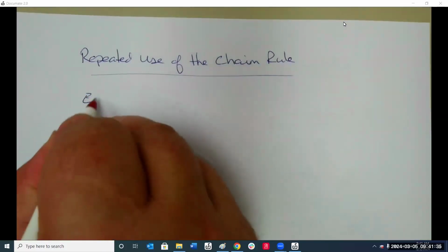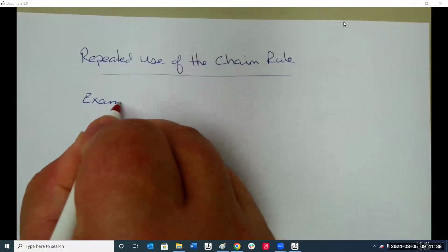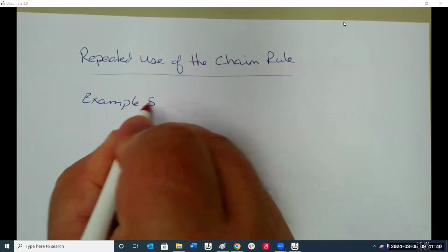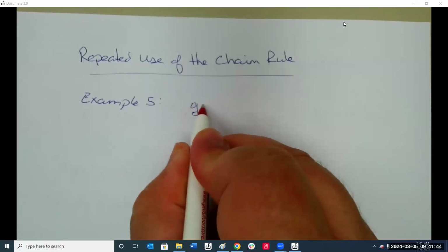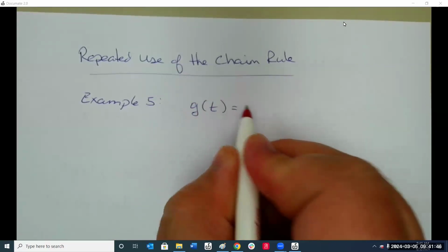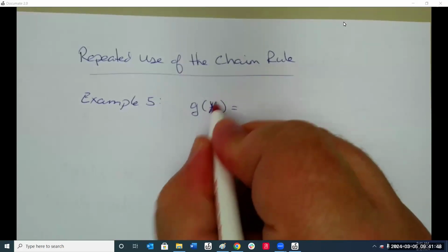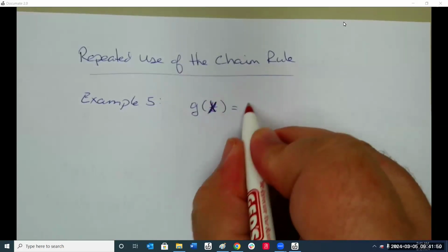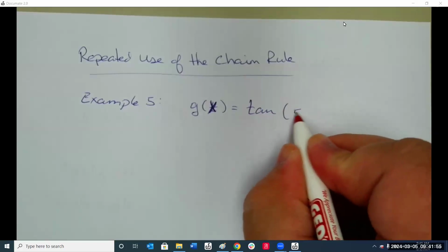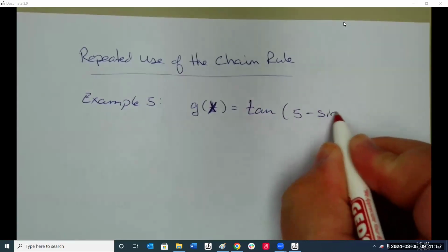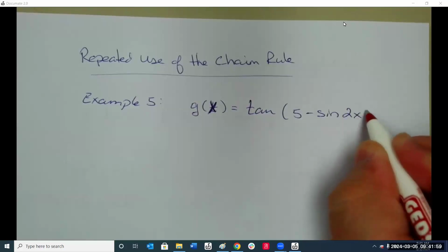So let's work out example 5 slowly. So we have g of x, I'm going to use x because I hate my t's, equal to tangent of 5 minus sine 2x.